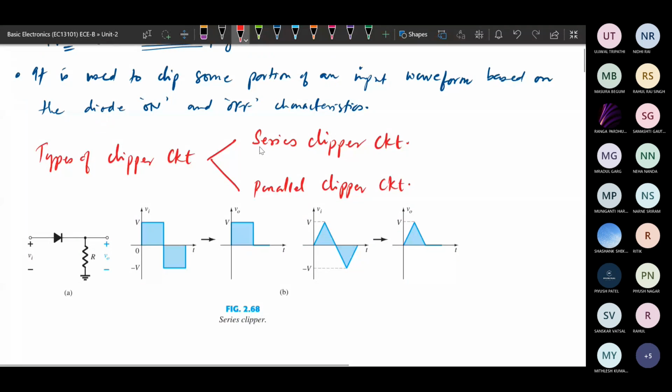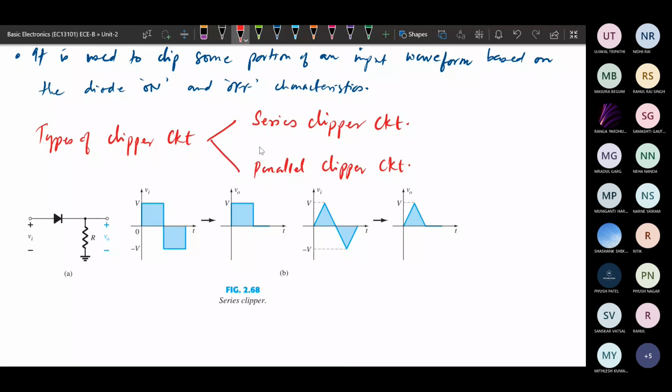Series means we have the load resistance in series with the diode. So we have a diode and an output load resistance, with the diode in series with the load resistance.